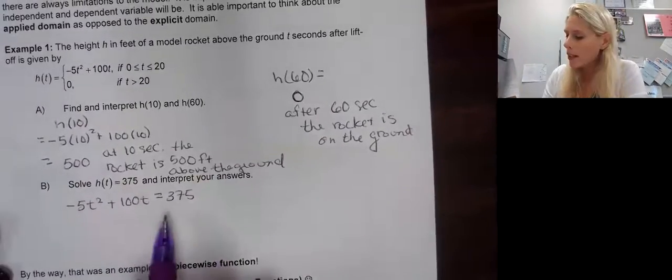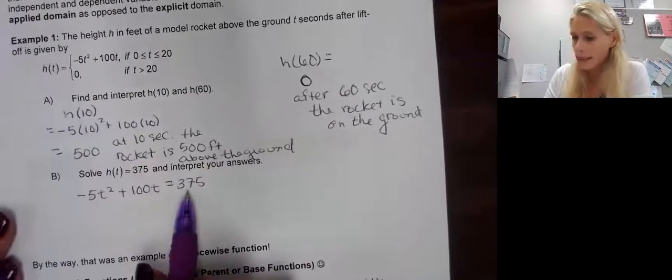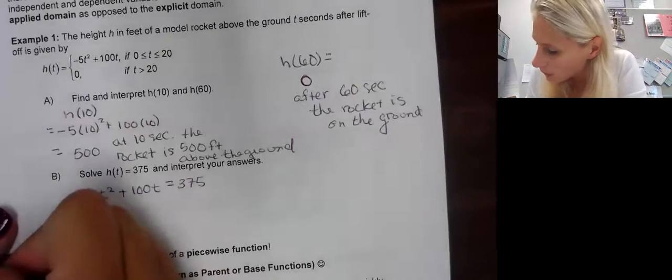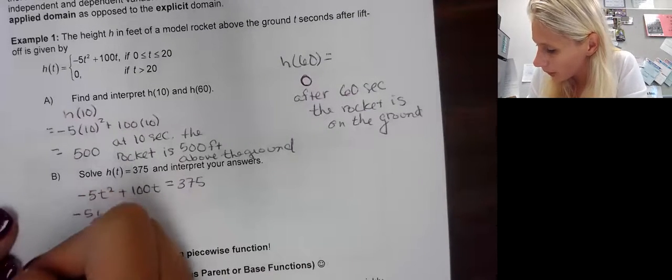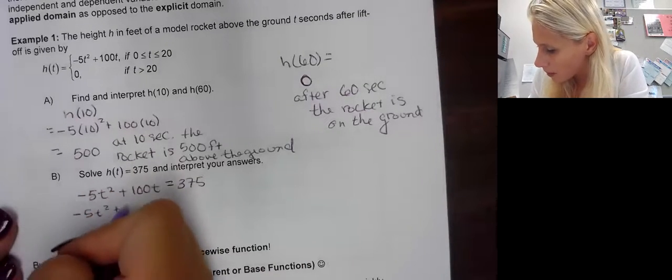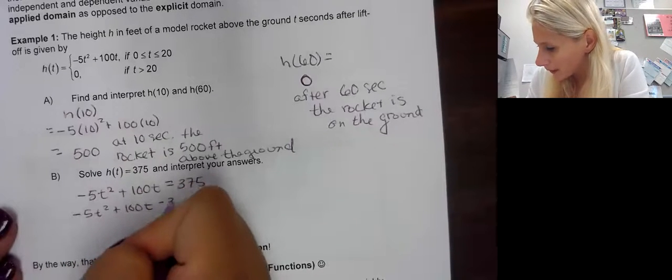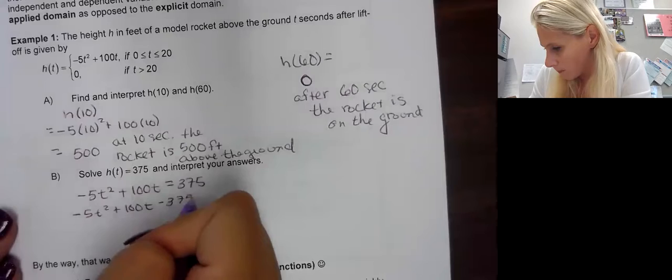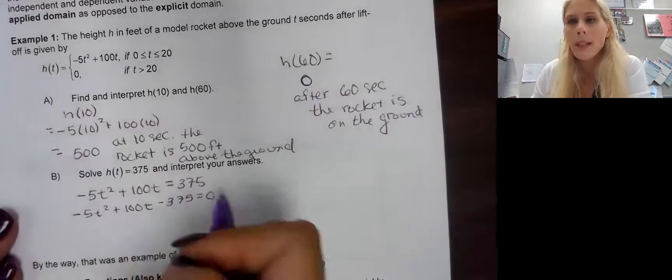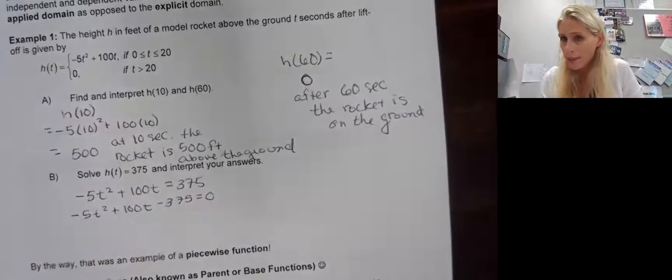If you remember correctly, the best way to do this is to move everything to the left side. So we get negative 5t squared plus 100t minus 375 equals 0. The other thing we have to keep in mind, guys, is you are not using a graphing calculator.